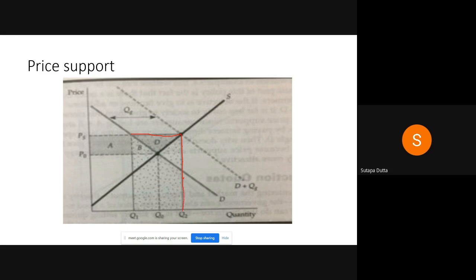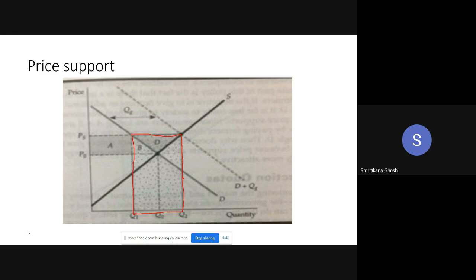Ma'am, QS is Q2, means only this. Okay. So PS into Q2 minus Q1. PS into Q2, this is the government expenditure. That means the government is giving this much.